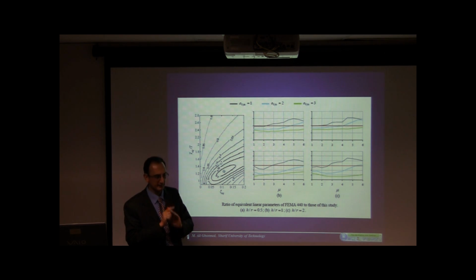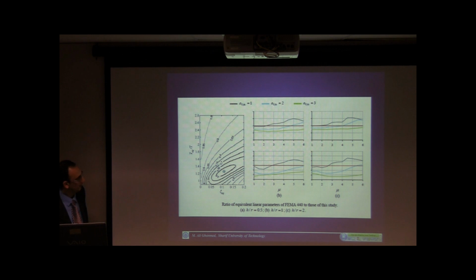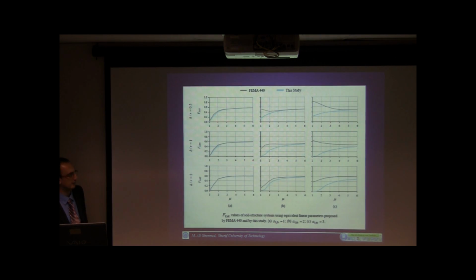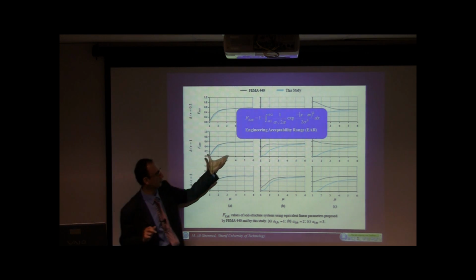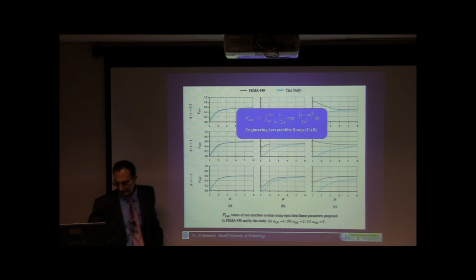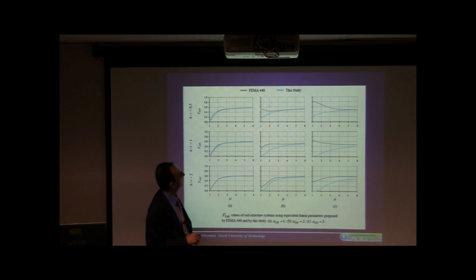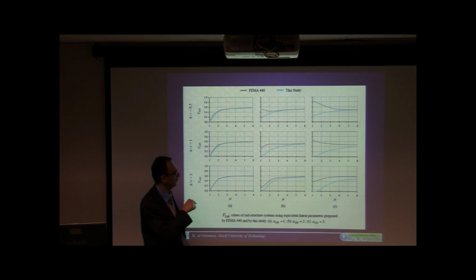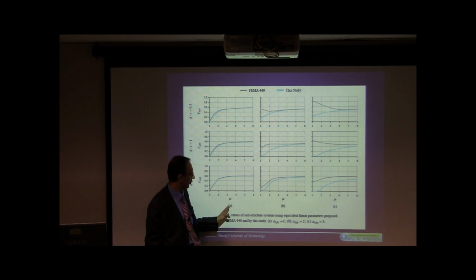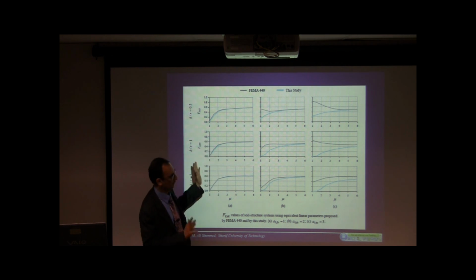Okay, so it's better to look at FEAR. It means the probability of falling outside the acceptable part. And if you don't remember the definition, it was the definition. Looking at that, the gray one is FEMA 440 and the blue one is the results from here. And you can see that for A01 they are very similar.